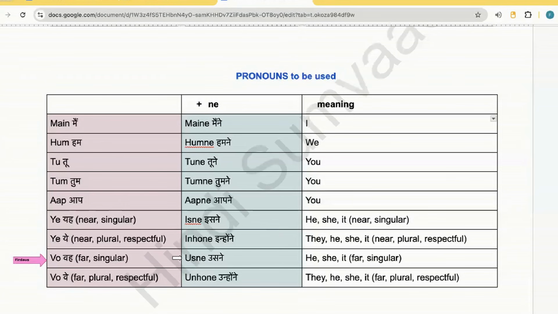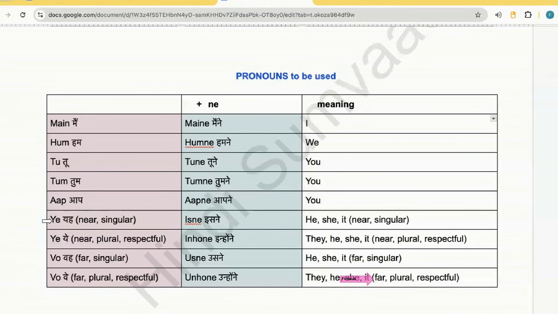Wo, usne. Wo changes to usne, meaning he, she, or it, if it's far and one in number. And wo or ve in Devanagari. Wo, unhone, meaning they. Now it's plural, they or respectful for he, she, or it. So far, plural or respectful.